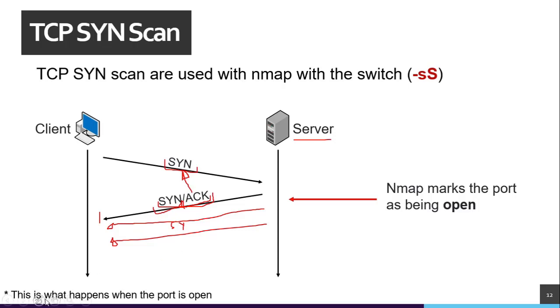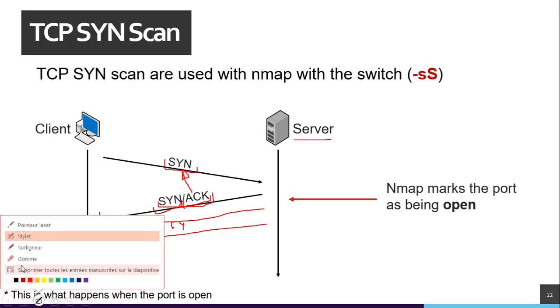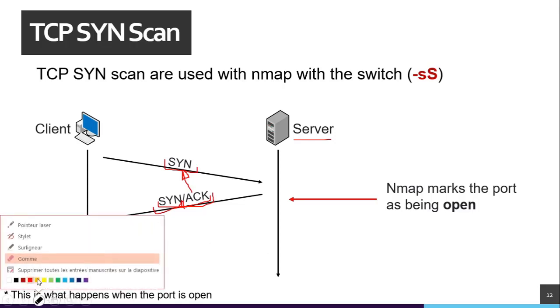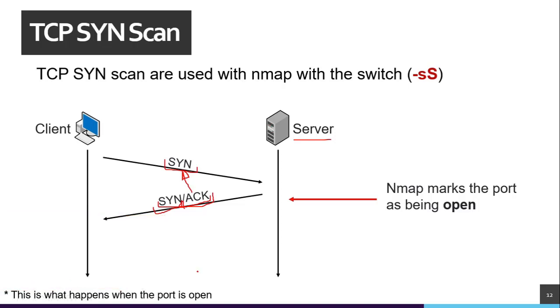To prevent the server from retransmitting the same packet again, Nmap sends a TCP packet with the RST flag set, to indicate to the server that we are going to reset. What does that mean?